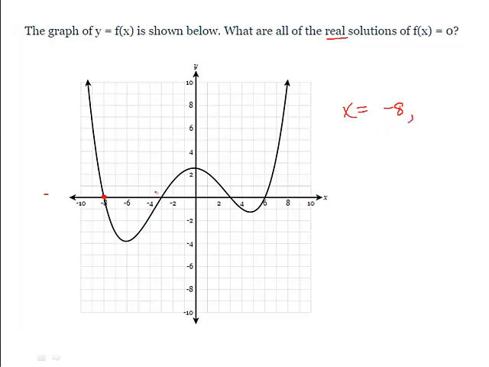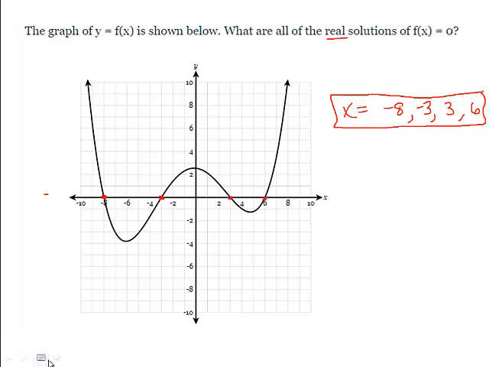I'm going to put commas to separate these out. Here's another x-intercept that looks like it's at -3. Another one right here at +3. And the last one here is at 6. Isn't that easy? So those x-intercepts give us the real solutions.